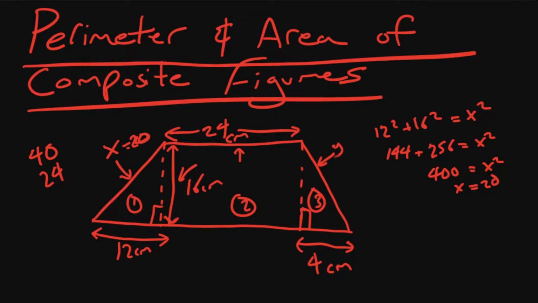Now let's look at this side and call it y. We do the same thing. We have 16, and then we have the 4. So we have y squared equals 4 squared plus 16 squared, which is 16 plus 256, which is 272.